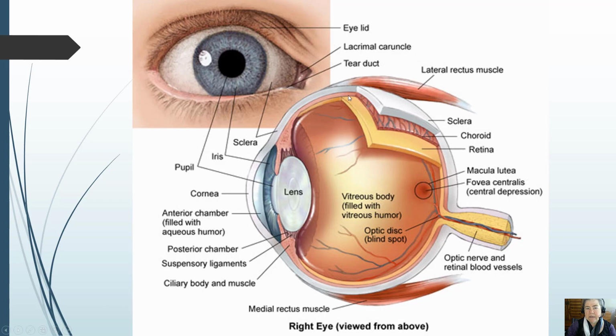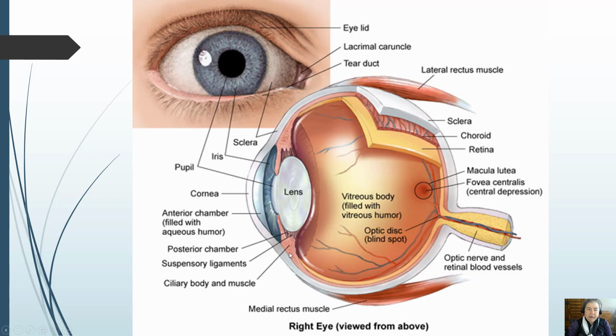So just a review of those same things. We see the sclera and then the vascular middle layer, which is called the choroid, and then the retina, which is composed of neurons. The anterior structures include the cornea, which is continuous with the sclera, the anterior chamber filled with fluid, the iris, and then the pupil, which is the opening in the center of the iris, and this clear lens.